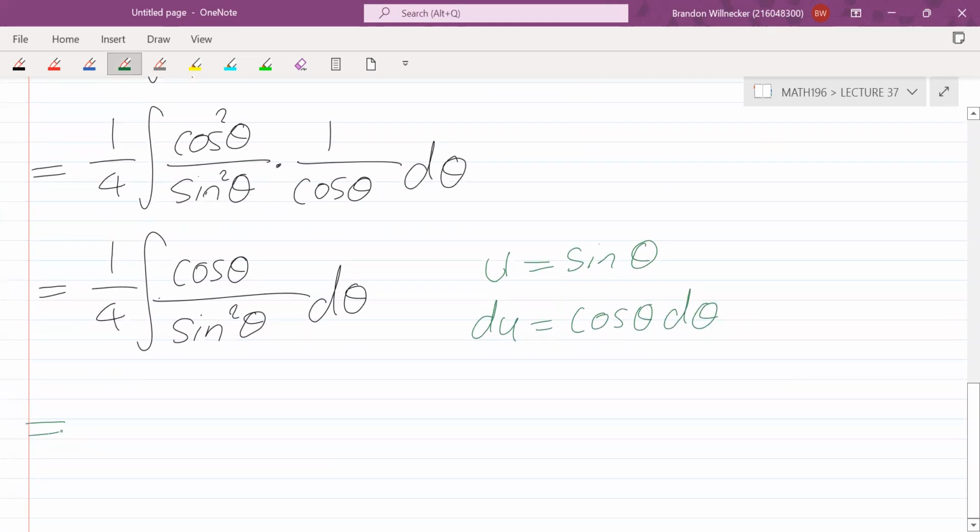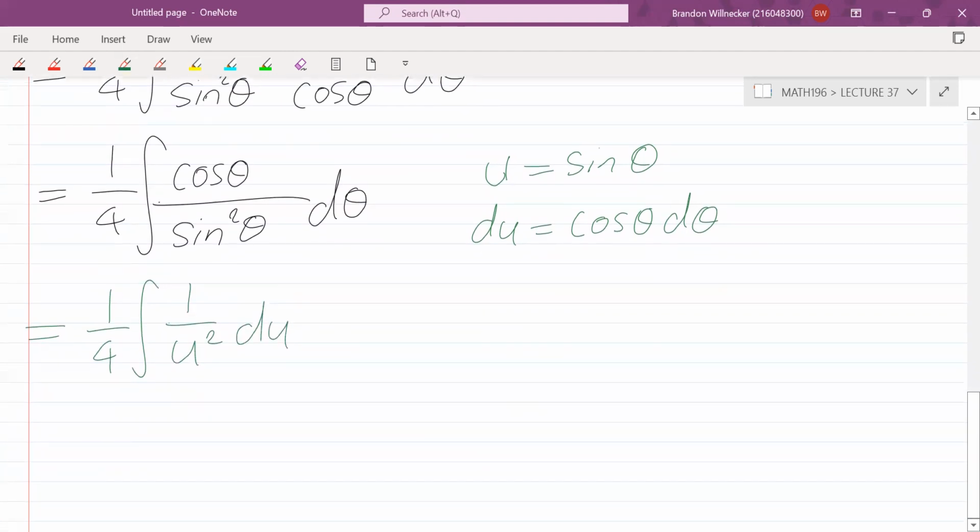I'll keep this in green because we're doing the u substitution. We're going to have 1/4 the integral of 1 over u squared du. That's going to be minus 1/4 times 1 over u plus c.